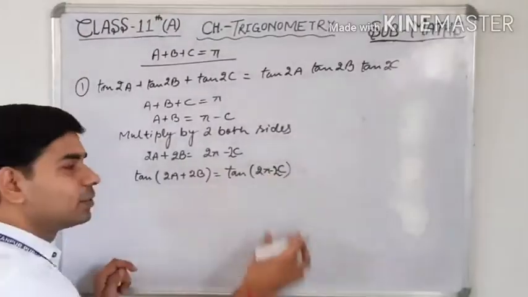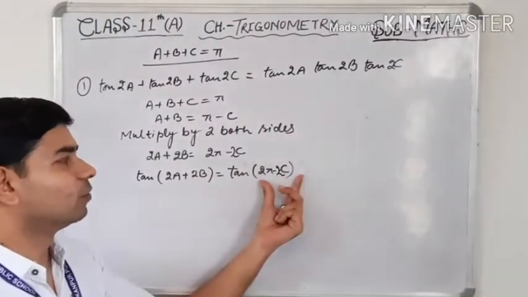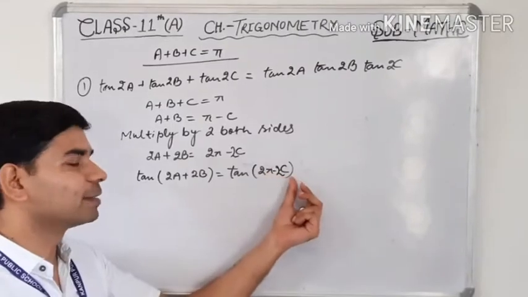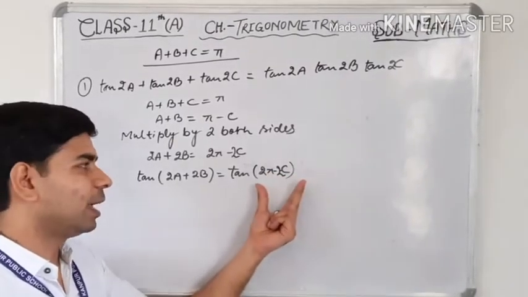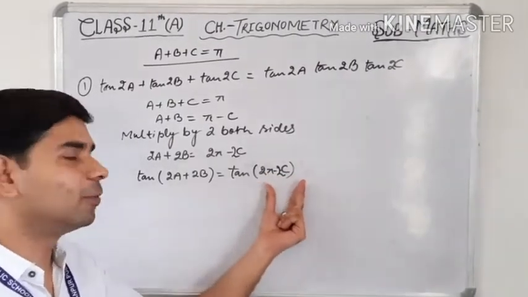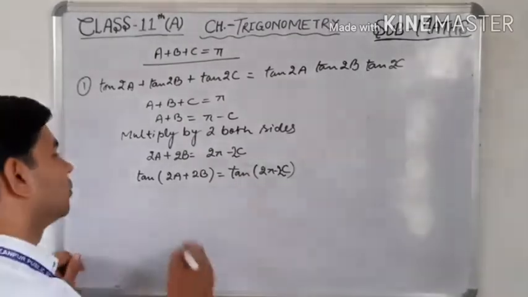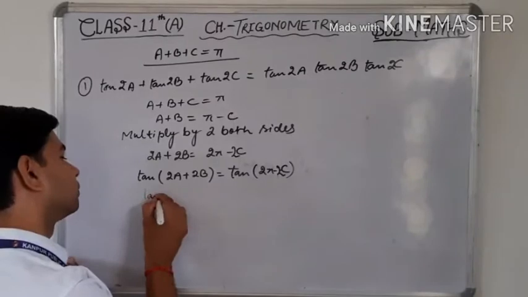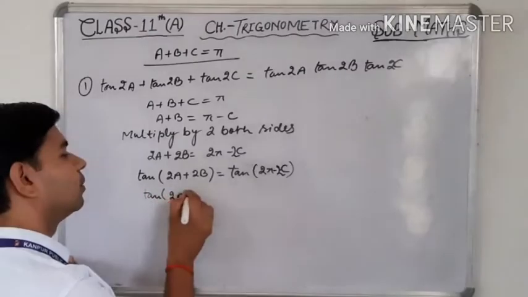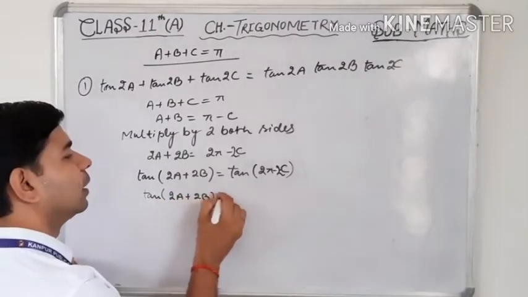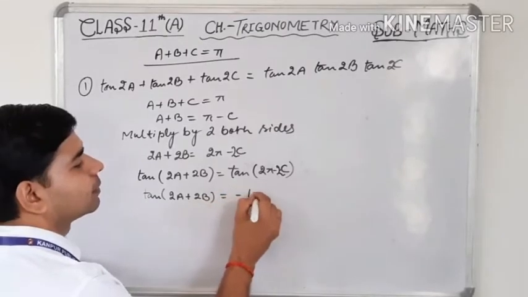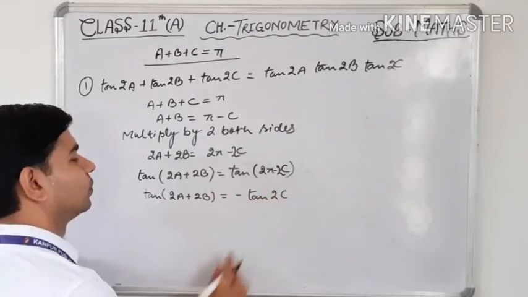Tan of 2 pi minus 2c, this is 2 pi minus theta, so the angle lies in the fourth quadrant. In the fourth quadrant, the value of tan is negative. So this will become tan of 2a plus 2b equal minus tan 2c.